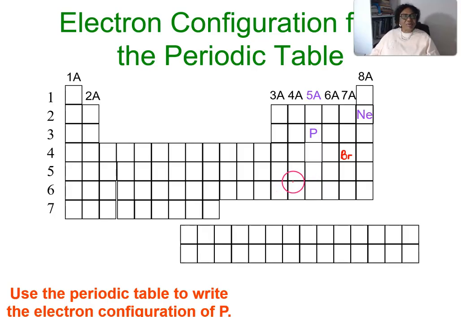So we want to write the electronic configuration of bromine. We'll do the same method. Where do I want to write it? Let's put it here. Bromine. So we'll start. Period 1, we have this box and this box.